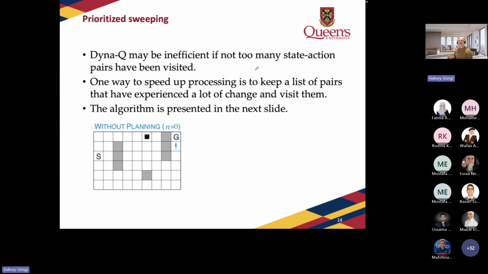Okay, so we are going to try to use this in a way that increases our chances of getting a better update. So we are going to prioritize certain actions over other actions.